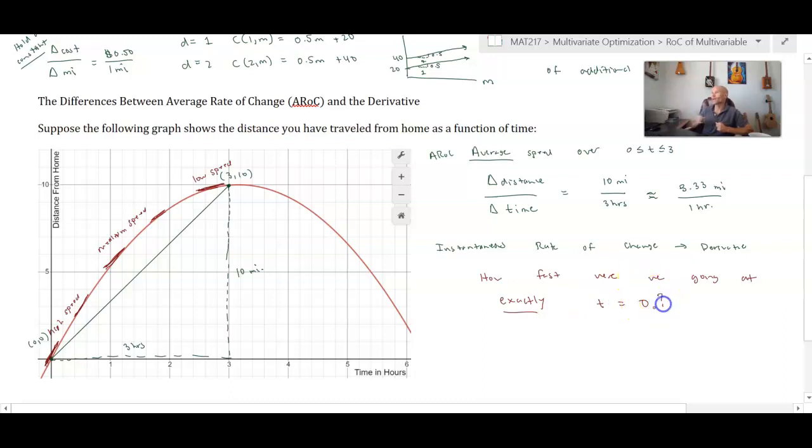Well, this function is approximately, or the actual function is with some rounding, d of t equals negative t squared plus 6.3t. And we've learned before that the derivative can be found by what we call the power rule, which would be called d prime of t.